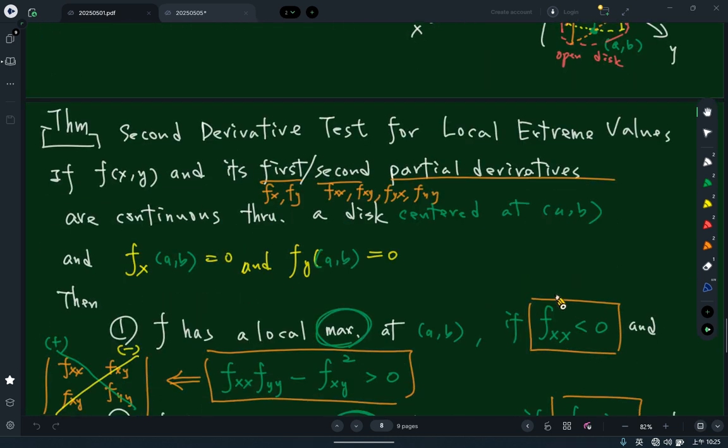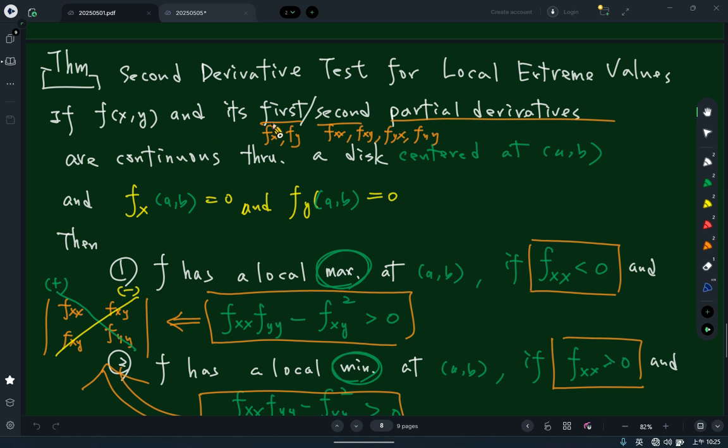Okay, then we learn this one. This is the very important part. If we want to distinguish whether at some point there is a local extreme value, we can use its second derivative to test.